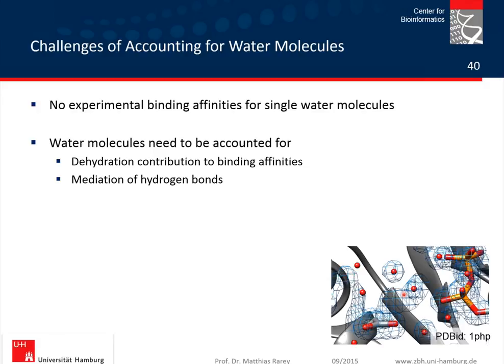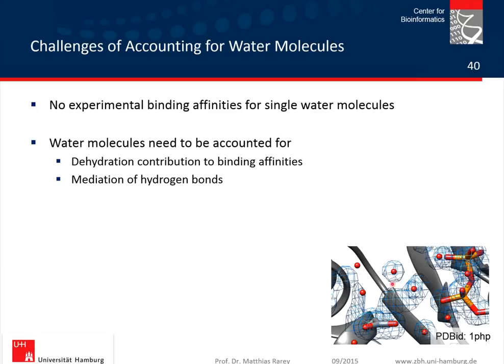And even worse, you have situations like this one here, where you have a water molecule which is in electron density. However, if you look at the electron density, it is clear that this might be more an alternative location for the side chain than for the water molecule, because there's no clear difference between the water molecule and the boundary.